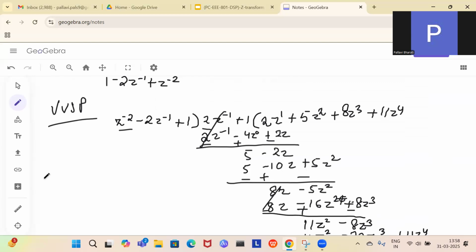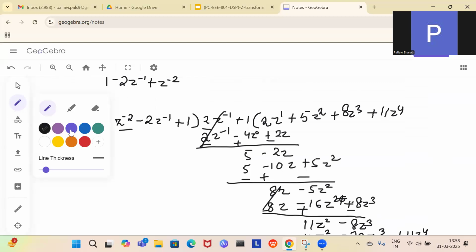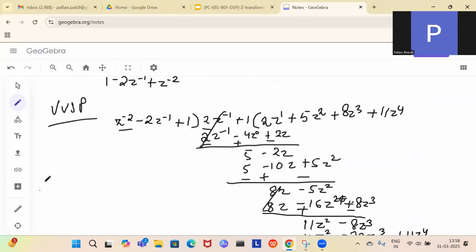So when I write the final answer, my x[n] is going to be, just take the coefficients. It is going to be first 0, at 0 it is 0. After that it is 2. Then 5, 8, 11, and then 22. This is the case for when x[n] is anticausal.